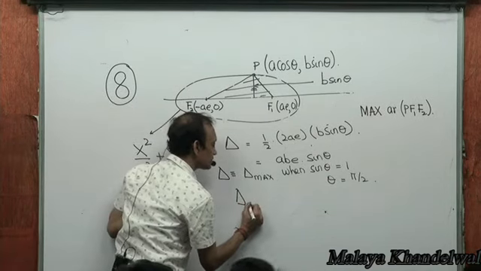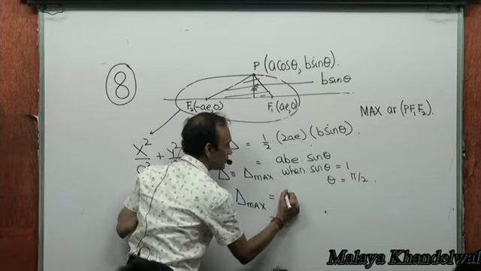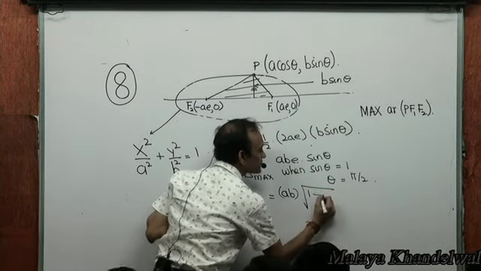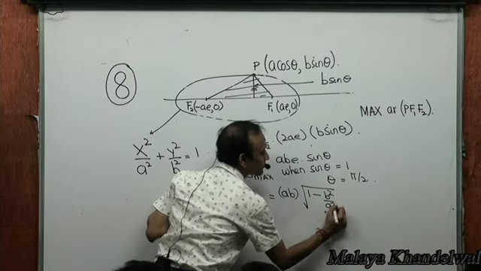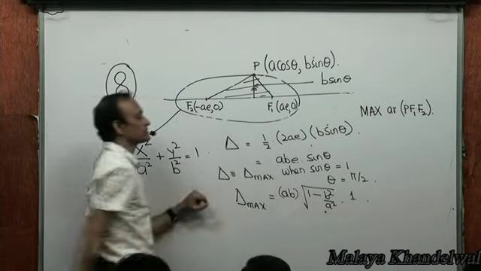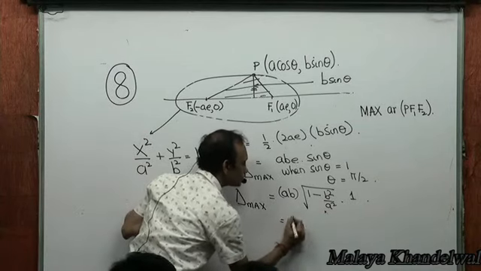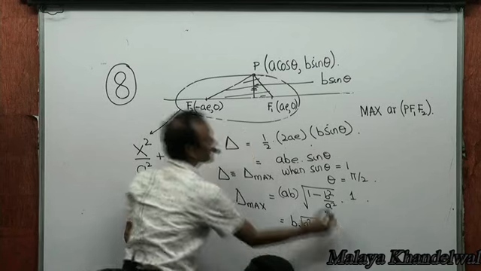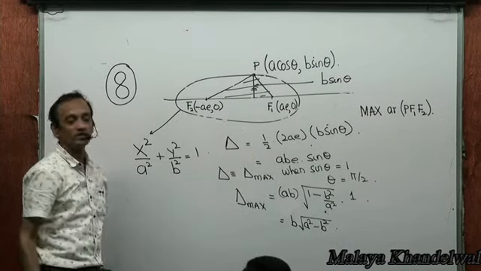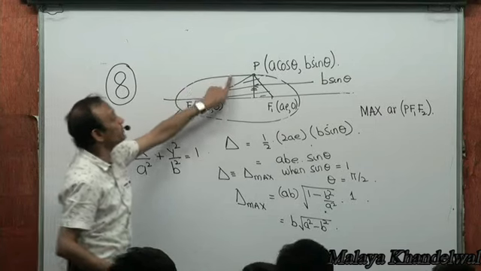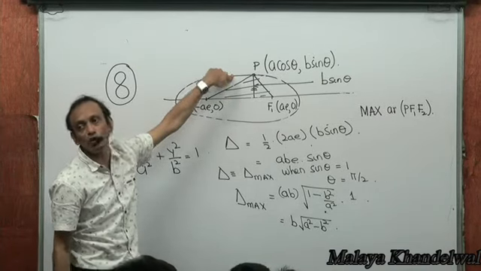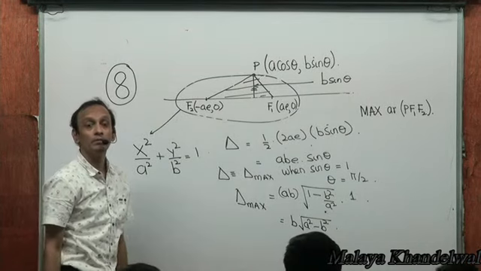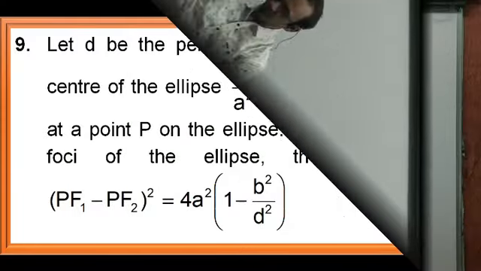So delta max is given by ab into e, I can write as root 1 minus b squared by a squared, into the maximum value of sin theta, which is 1, which is b root a squared minus b squared. This is the maximum when the point P coincides with one end or the other end of the minor axis, 0 comma b or 0 comma minus b. Yes or no?